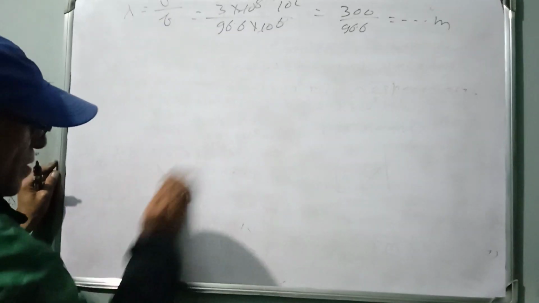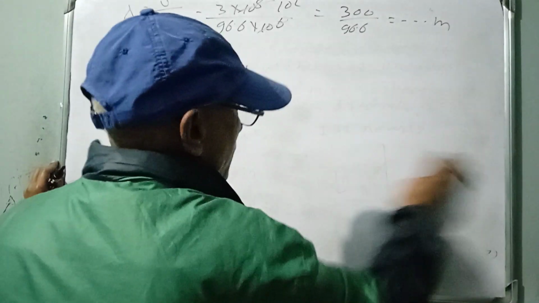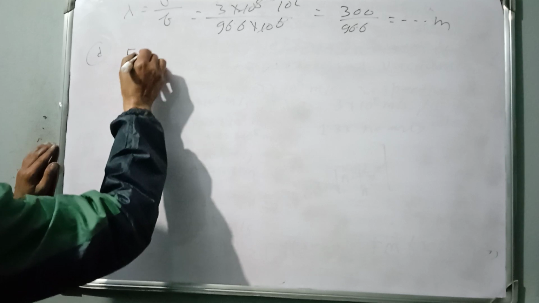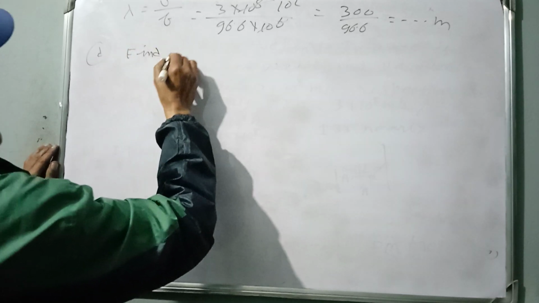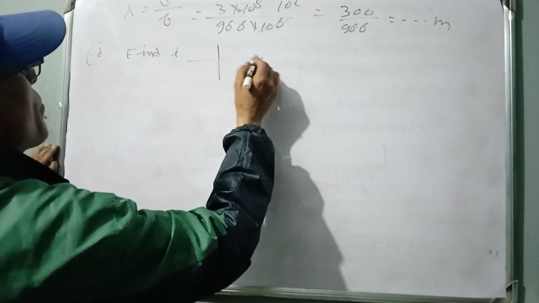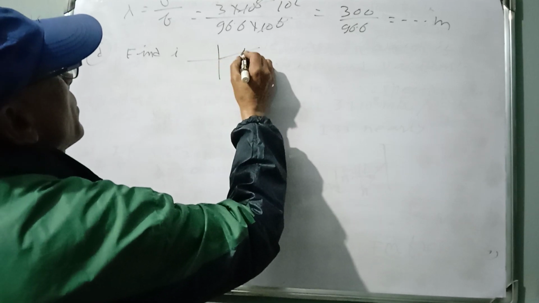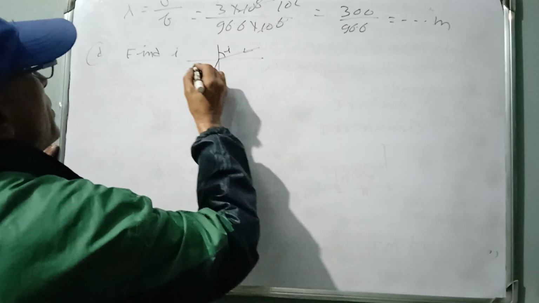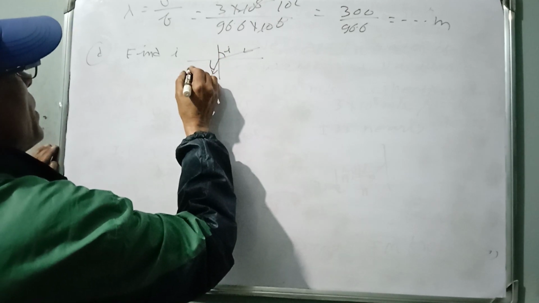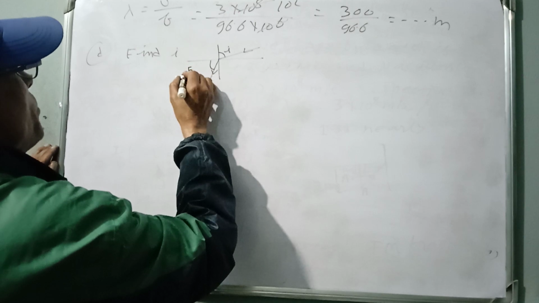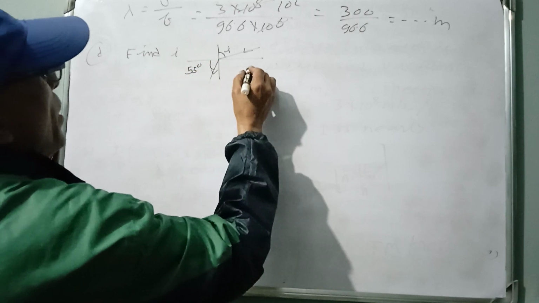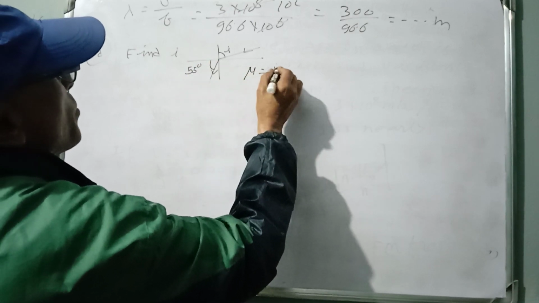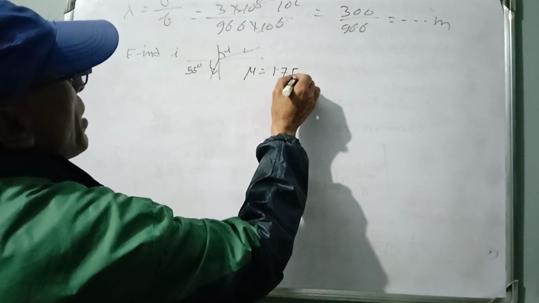C. 3D. Find, say I in this case. This is to find, say it is say 55 degree and say mu equal 1.75.